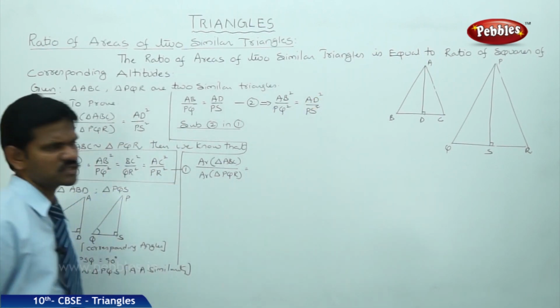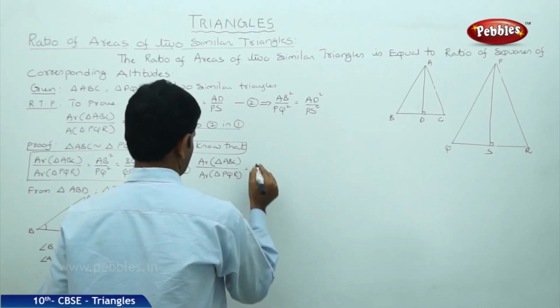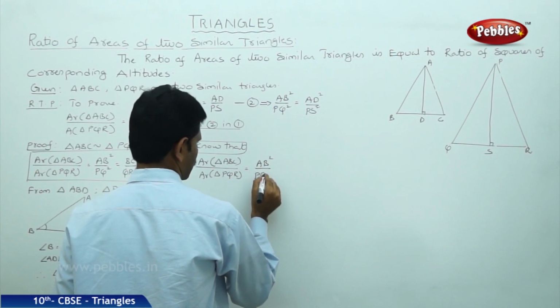From the triangle you can choose any one of them, that is AB square by PQ square.